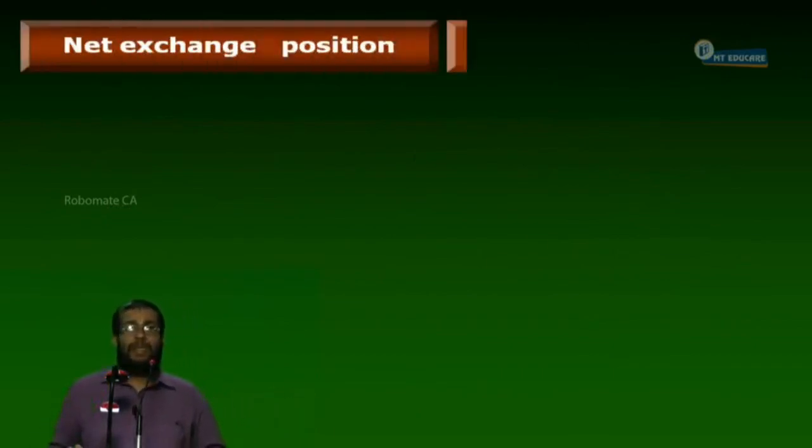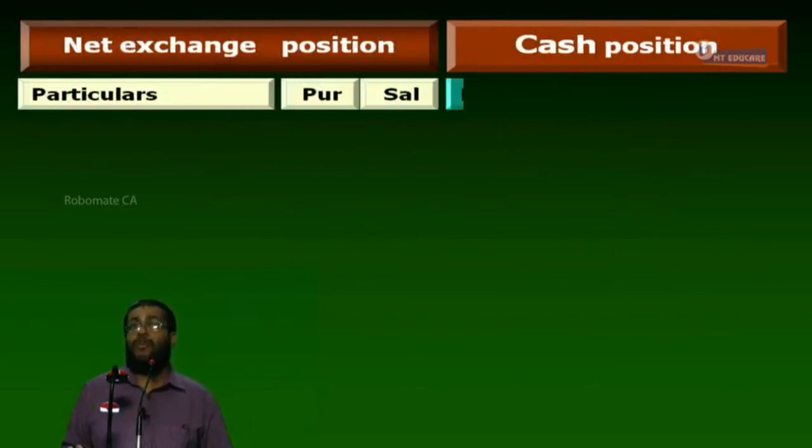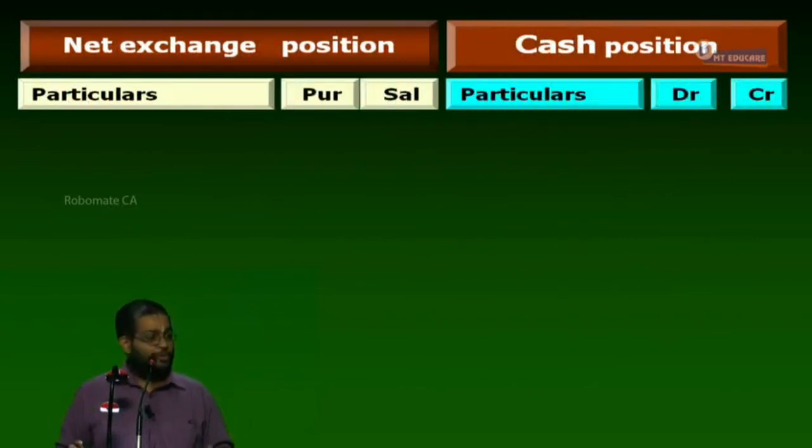Now, let's do it together. Don't talk. Open the columns. We'll do both the statements in one slide because we know how to do it now. So, exchange position, cash position. In both particulars, purchase and sales, and debit and credit.